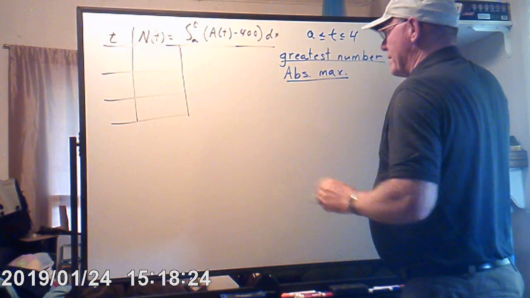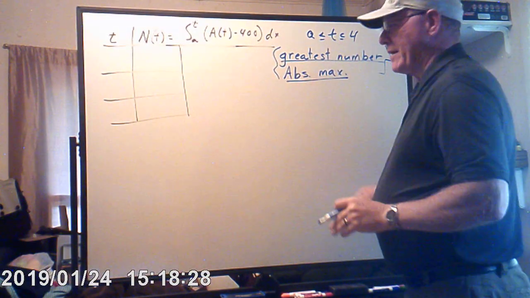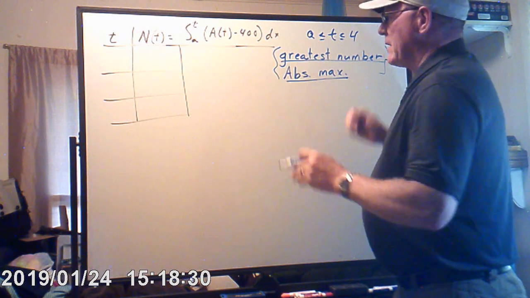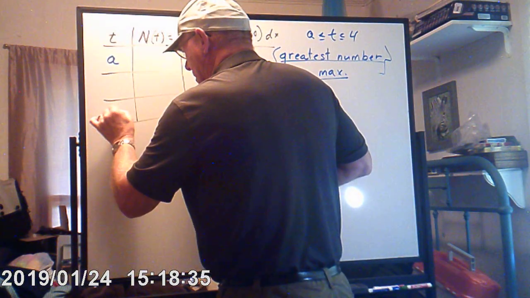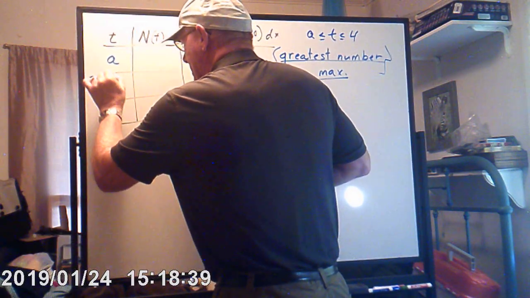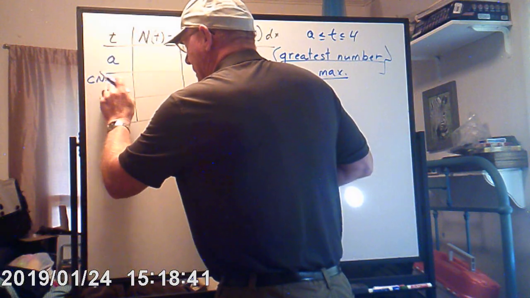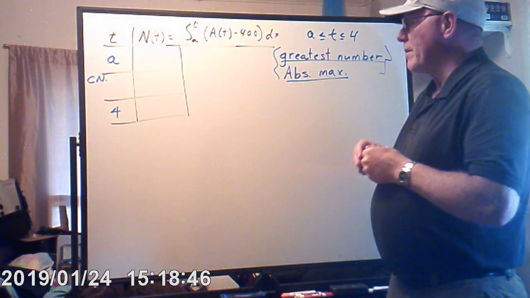That's what we have to understand. From that phrase, greatest number, we're looking at an absolute maximum. We already know that there's A, and we already know that there's 4. We need to find this critical number right here and put it here. As I said, there's 3, and I'll show you in just a moment.